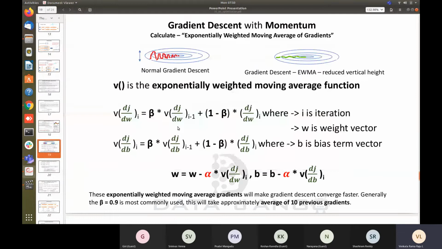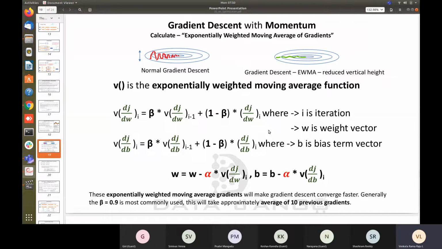Every iteration you calculate dj by dw. At time step t, you know dj by dw. You know the y value at time step t. You are using that y value, and you are using the previous values, and trying to calculate the dj by dw value, and use that to calculate the next w. That way the movement is going to be faster, the convergence is going to be faster.